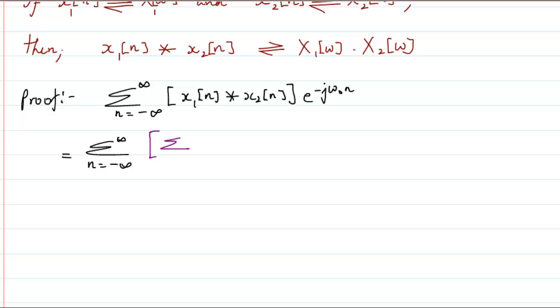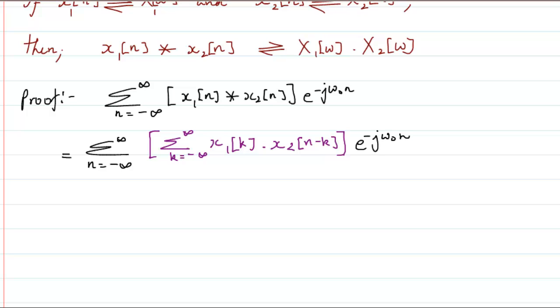Let me use another variable which is k. So k is equal to minus infinity to infinity x1 of k into x2 of n minus k. This is the equation of convolution. The remaining portion we will write as such, e raised to power minus j omega naught n.